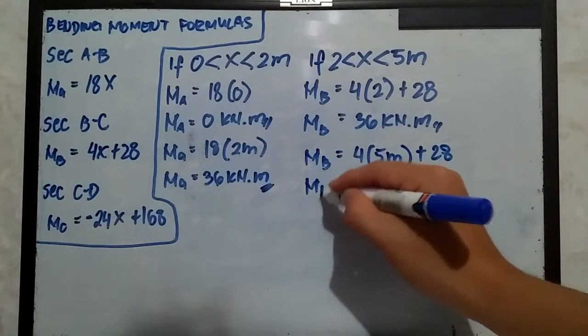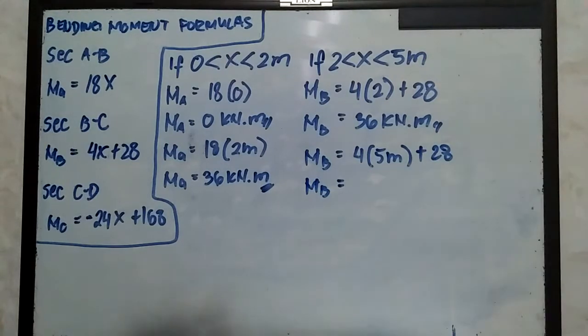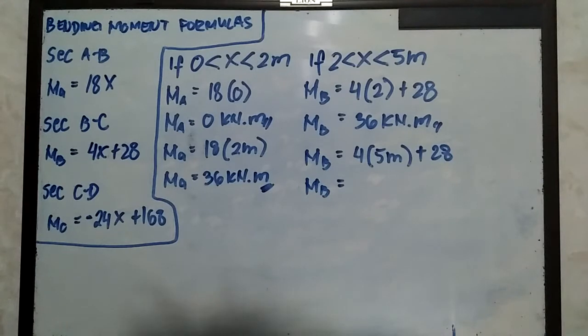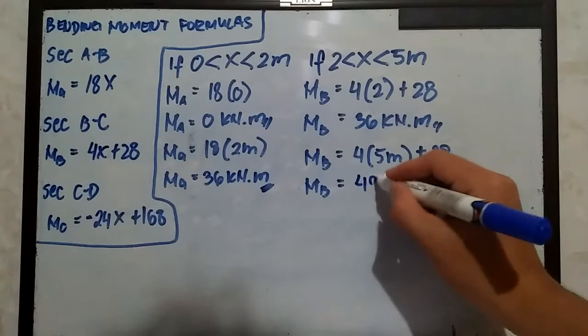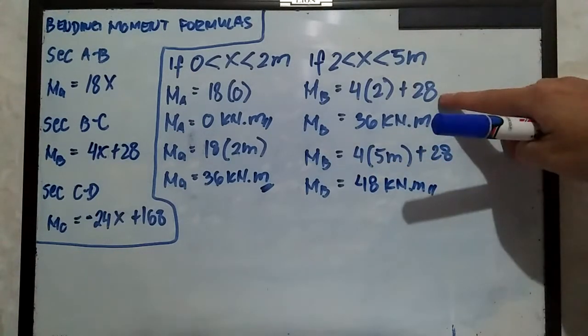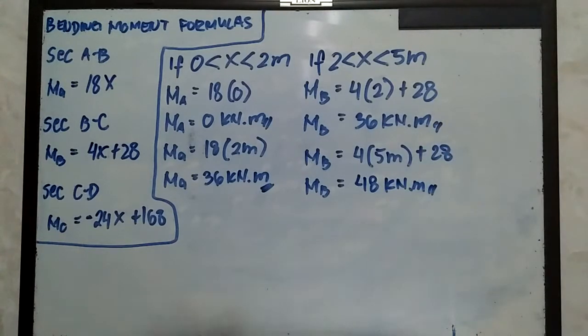So M sub B is equal to 20 plus 28, that should be 48. Yes, the answer should be 48 kilonewton meter. Don't get confused with the 28, as you can see here. It still has its unit, it is in kilonewton meter. We just retain the sign because we will get confused.